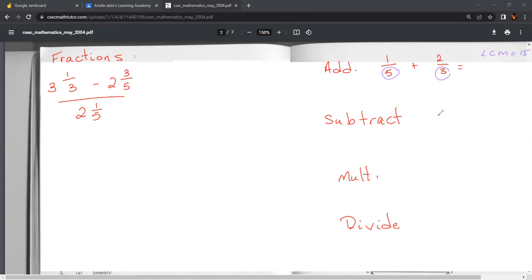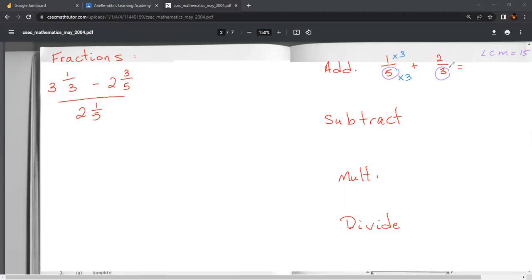So your goal is that you want to make each of these two denominators 15, because you want to make them the same. So I ask myself, what do I do to 5 to make it 15? I could multiply 5 times 3. Whatever I do to the bottom, I must do it to the top.